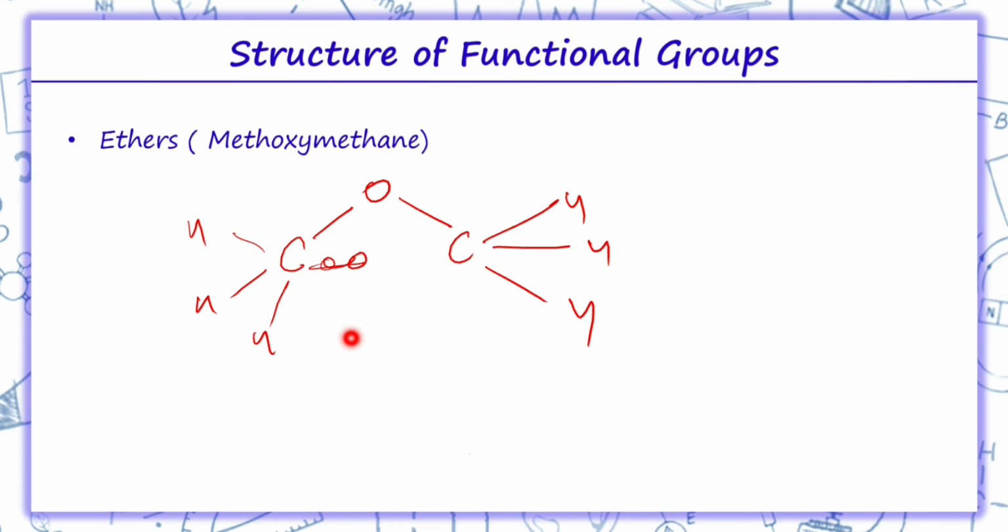Bond angle is slightly greater than tetrahedral, which is 111.7 degrees, and the bond length is 141 picometer. This bond angle is slightly greater than the tetrahedral angle due to the repulsive interaction between the two bulky groups. The CO bond length is 141 picometer, which is almost the same as in alcohols.